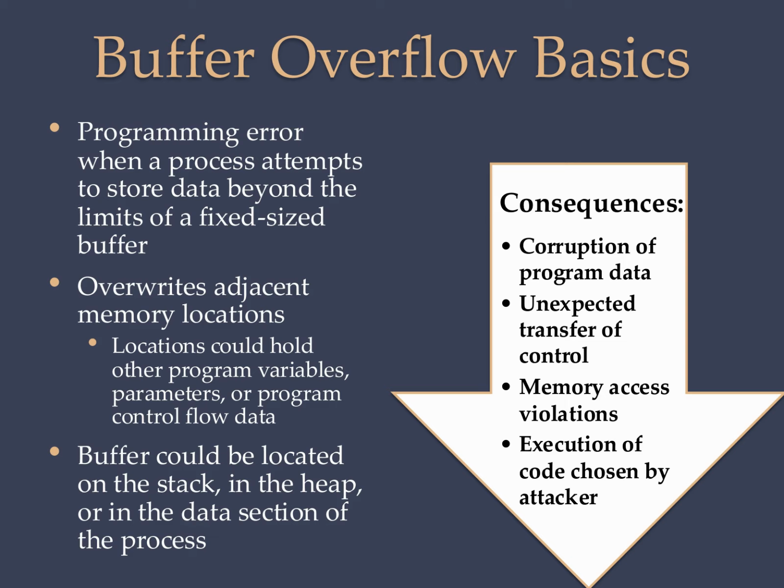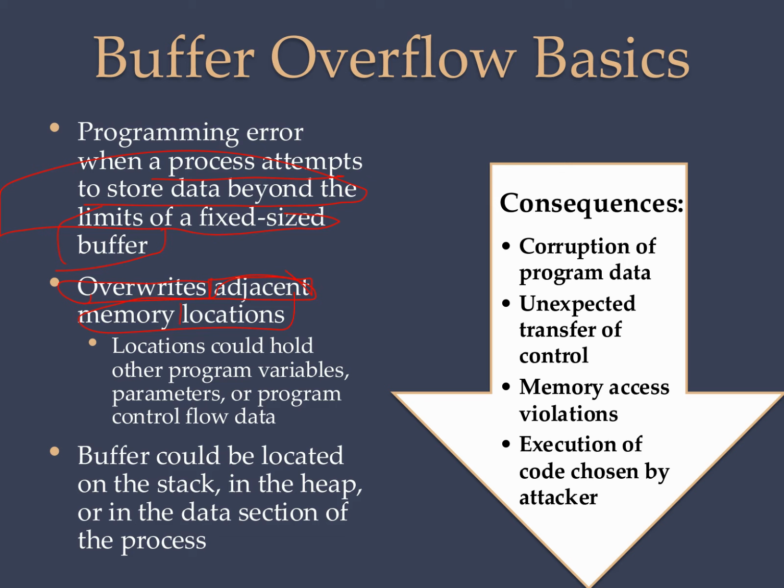And the programming error is when a process attempts to store data beyond the limits of a fixed size buffer. That's the definition, as I have shown you. So it overwrites the adjacent memory locations. In the original aim of the buffer overflow, the point was to overflow the adjacent memory locations, because the buffers were allocated adjacent to programming data as well.